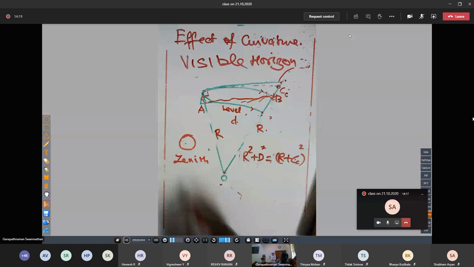So this is R square plus D square equal to R square plus CC square plus 2R CC. Am I right?